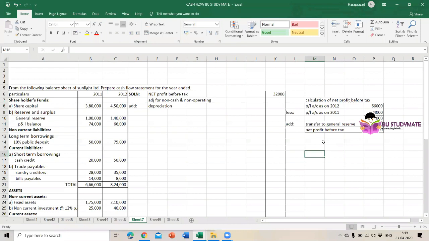We will write the fixed asset account. We'll do the ledger entry. First, in the asset account, the balance brought down. How much?